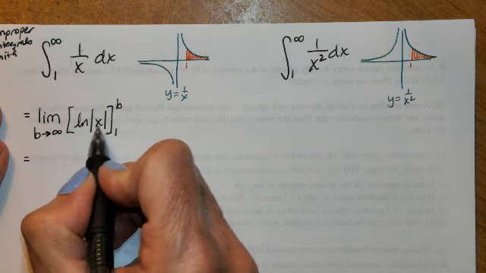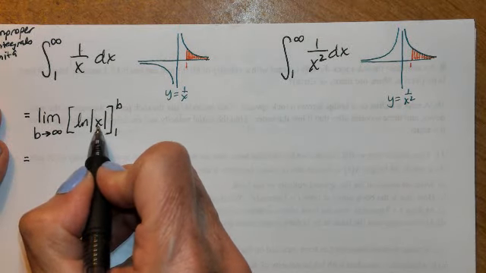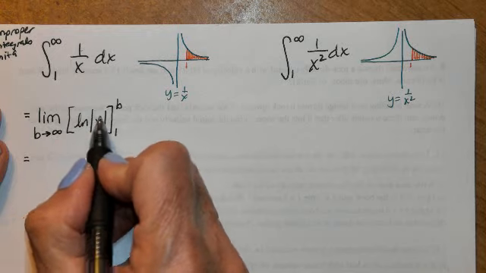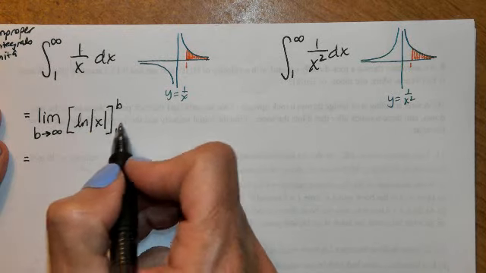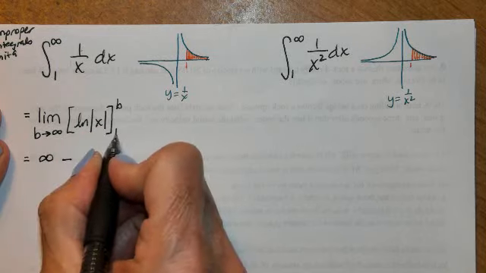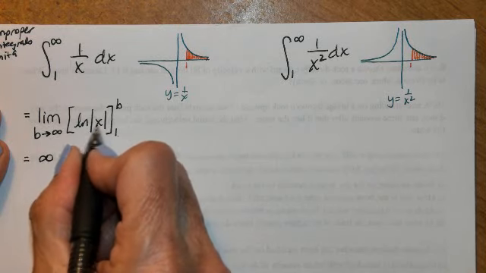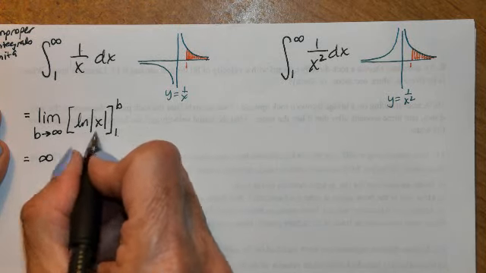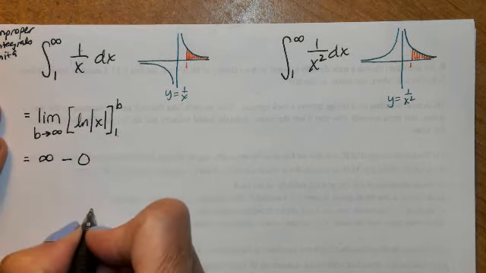Now we put b in for x and let b go to infinity. Well, natural log of something going to infinity is infinity. Minus, now put 1 in for x. Natural log of 1 is 0. So we get infinity.